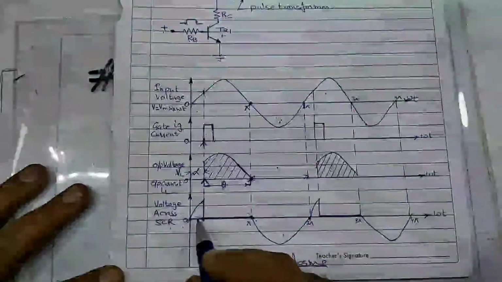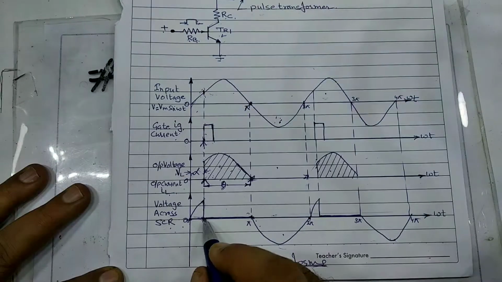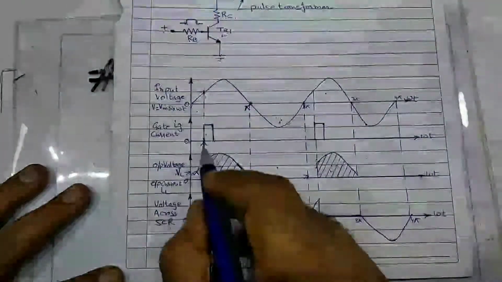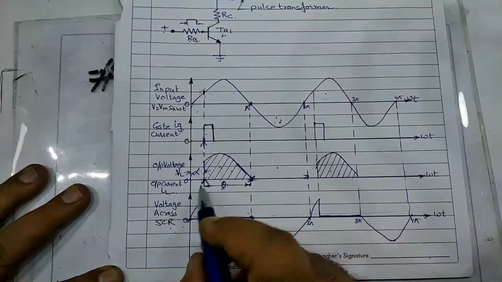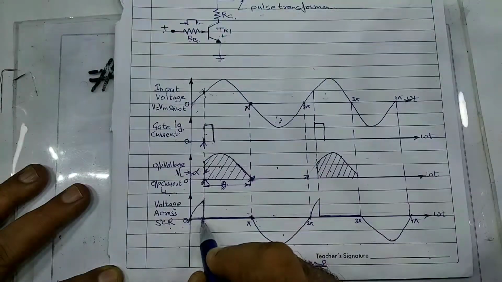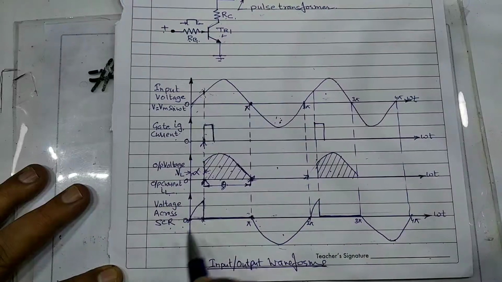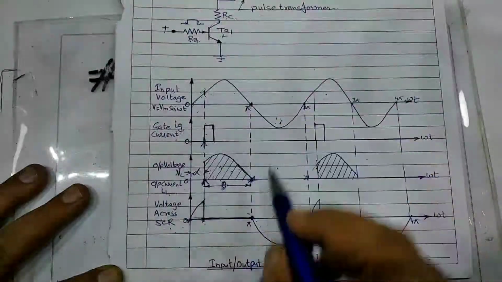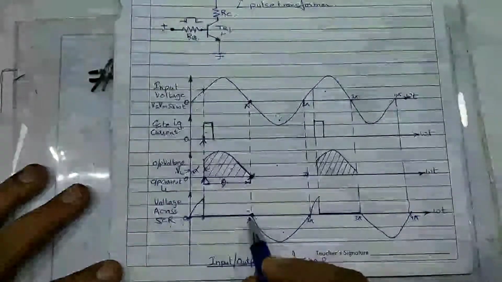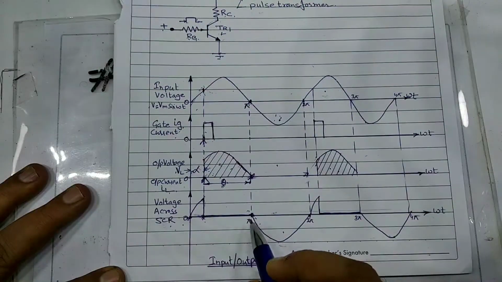The same voltage which is at the supply terminal appears across the SCR. When the SCR is fired on at this particular instant, the voltage across the SCR becomes 0. At pi, again the SCR switches off due to natural commutation or line commutation.